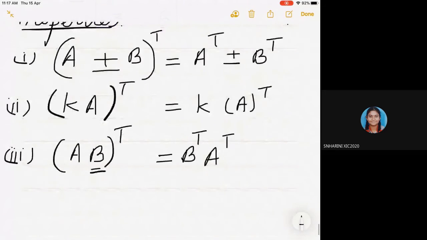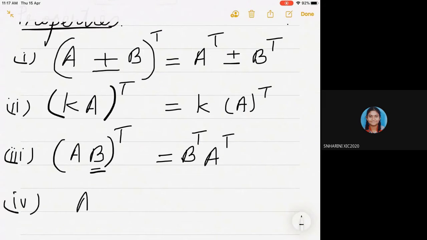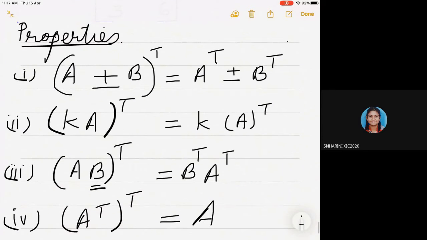And the fourth property is A transpose, whole transpose. If you take transpose of a matrix two times, it will come back to the same matrix. So it is equal to A. So you write these properties. Write it in your class copy.